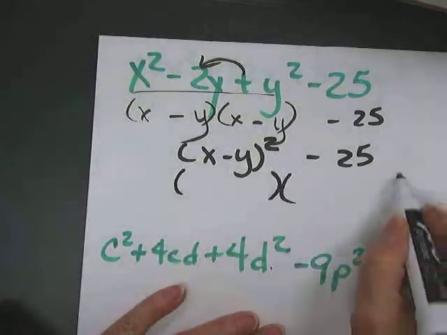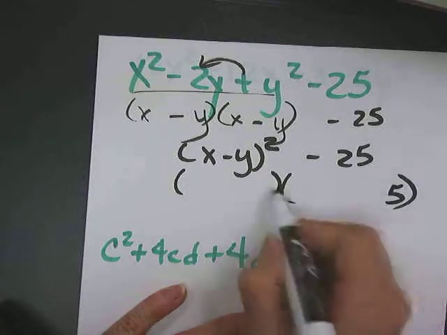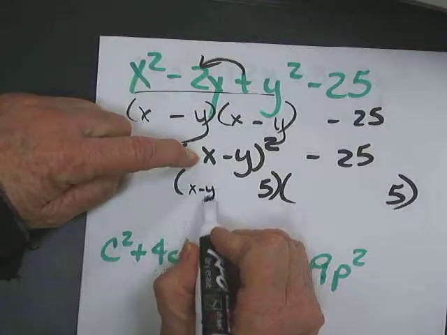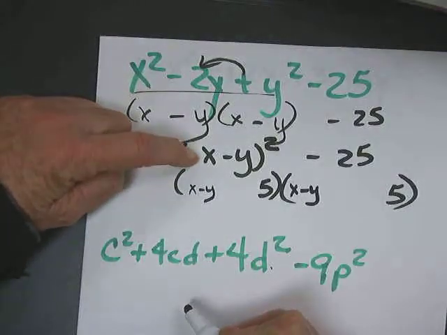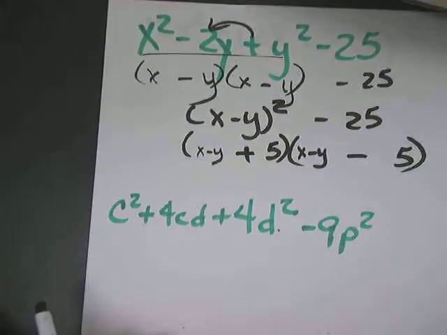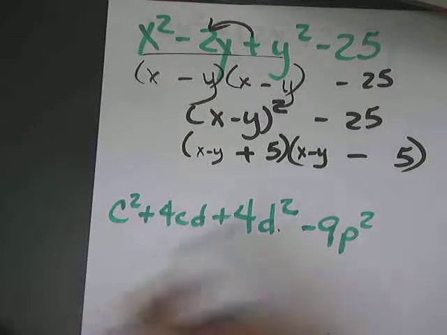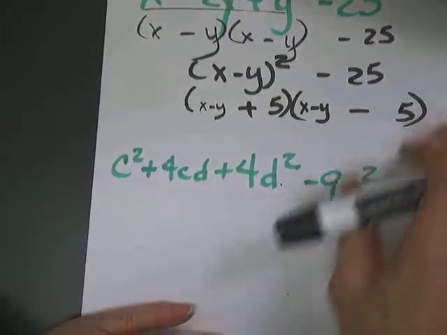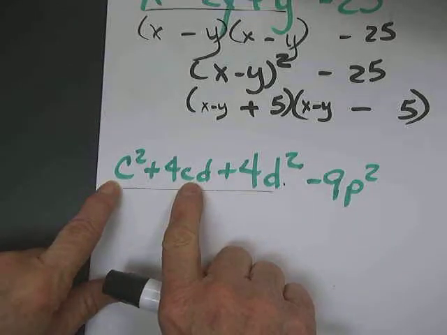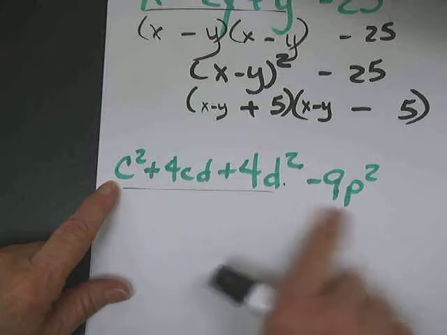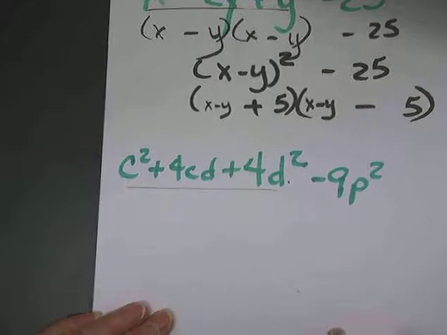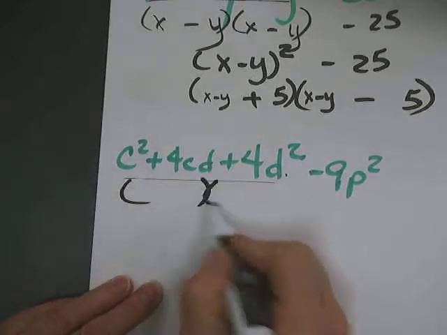X and y. Is it gonna add up to 2? 1 and 1, yeah. So we have x minus y squared, and then minus 25. That is the difference of squares. So we have 25 is 5 and 5. This squared is x minus y times itself, plus and minus.